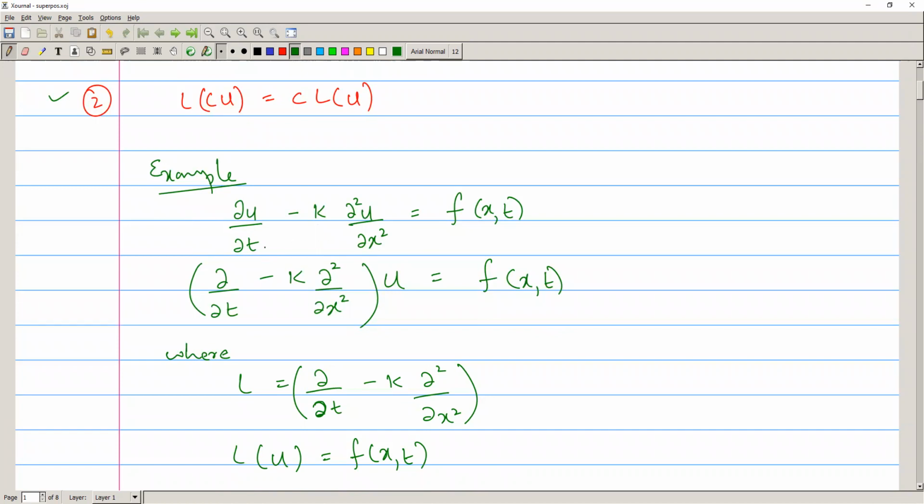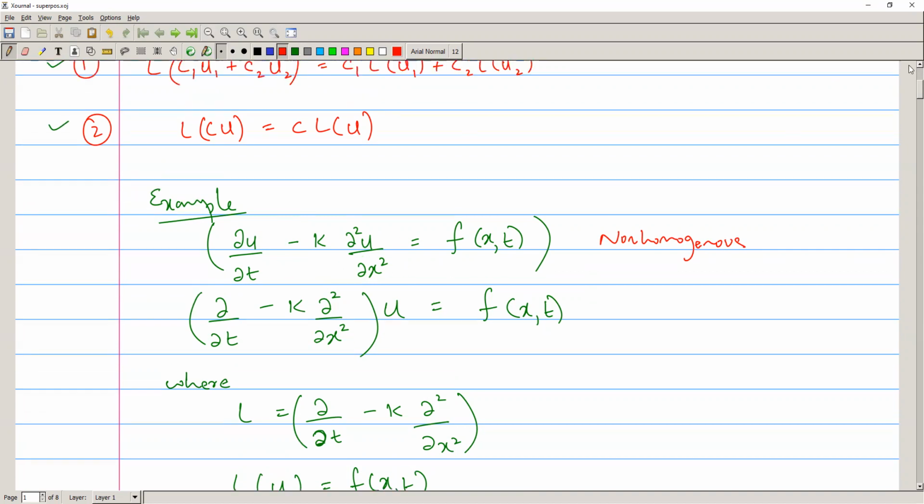Let's say that we have the non-homogeneous heat equation, all right. And we want to check whether it's linear or not. So for that, we are going to apply these two conditions.